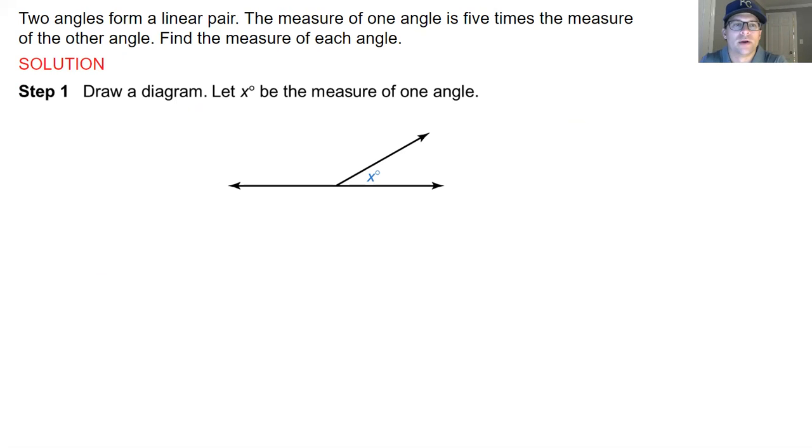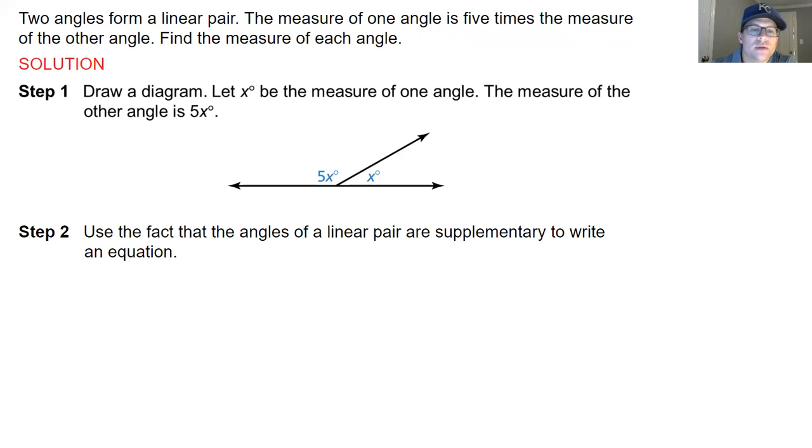You don't know what one of your angles is, but you do know the other one in relation to that is 5 times the other angle. So if you set your unknown variable to x on one of them, 5 times x will give you the measure of the other angle. And again, whenever you're multiplying a positive number times 5, it's increasing, so the 5x should be on your diagram at the larger angle side.